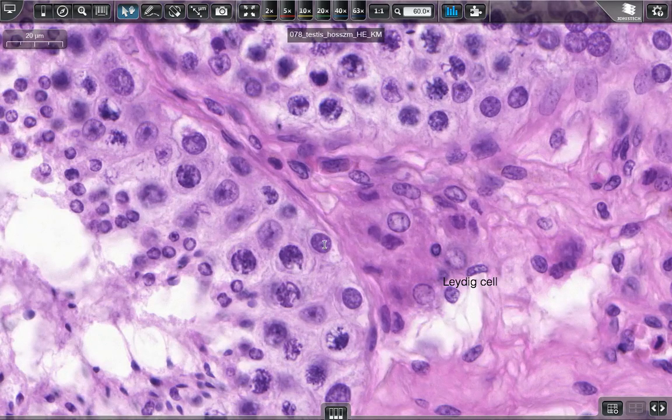And they separate the spermatogonia and some of the early spermatocytes, and this barrier keeps them at the bottom. And then in the interstitial area, we can find hormone-producing cells called Leydig cells.